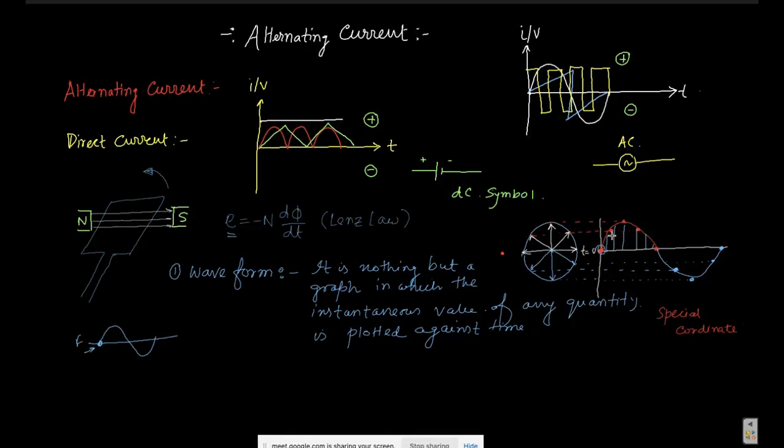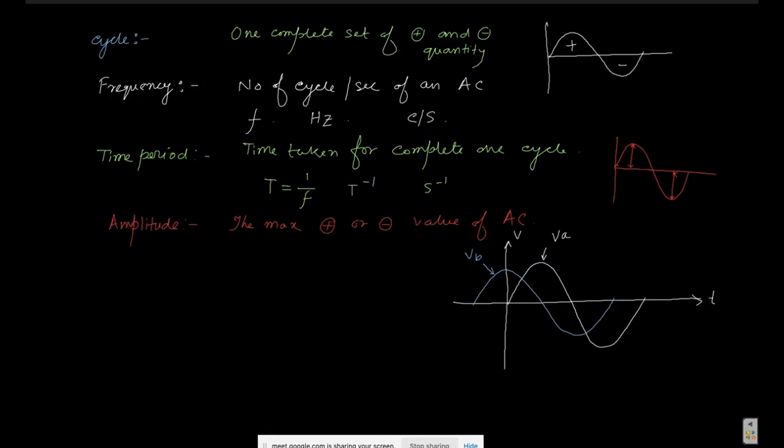At t is equal to 1, the phase is over here. At t is equal to 2, the phase is over here. So it increases with increase of time. Now if we consider the phase difference, then it is easily clear to you.